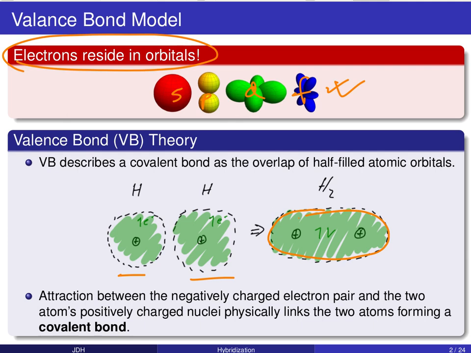That larger orbital will then describe the bonding arrangement for those electrons that are essentially gluing together these two nuclei. So that's our covalent bond: electron pairs occupying this new orbital that's formed through the overlap of these isolated atomic orbitals.